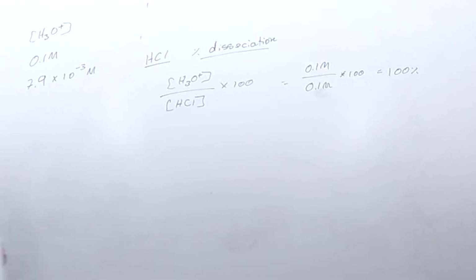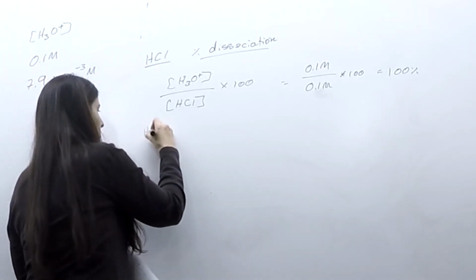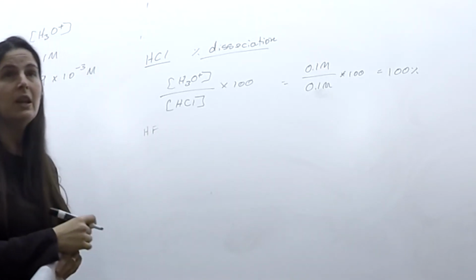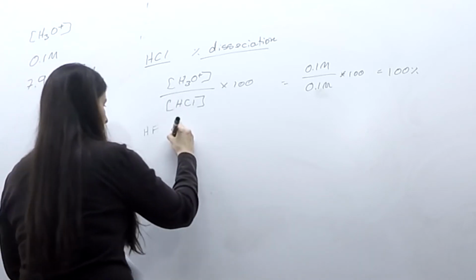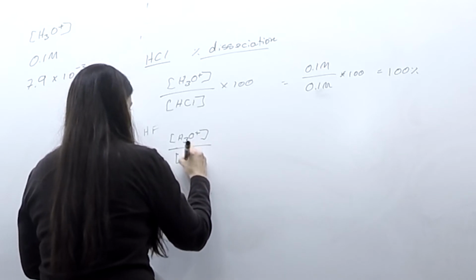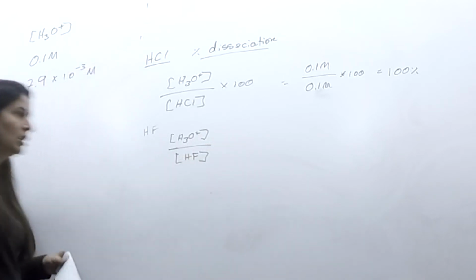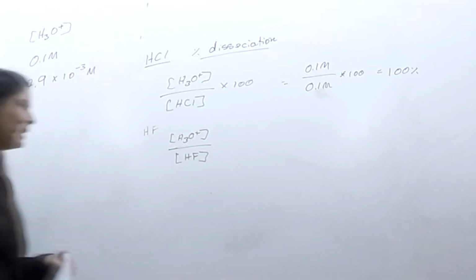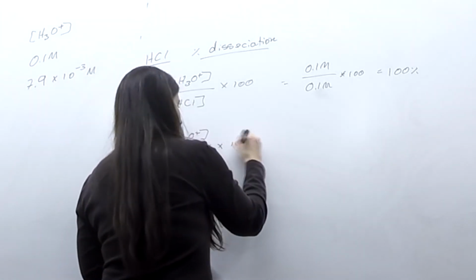Okay. We can use the same process to figure out how much of our HF dissociated by taking the concentration of the H3O from that and comparing it to the concentration that we created of the HF, multiply by 100 again.